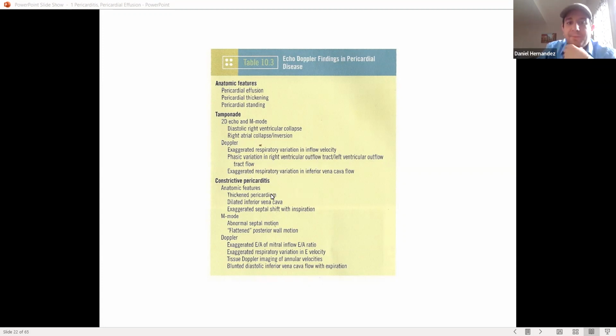Patients who have constrictive pericarditis: again, we're going to look for that thickened pericardium. We are going to look for an exaggerated septal shift with inspiration. On M-mode, we can see abnormal septal motion in patients with constrictive pericarditis.